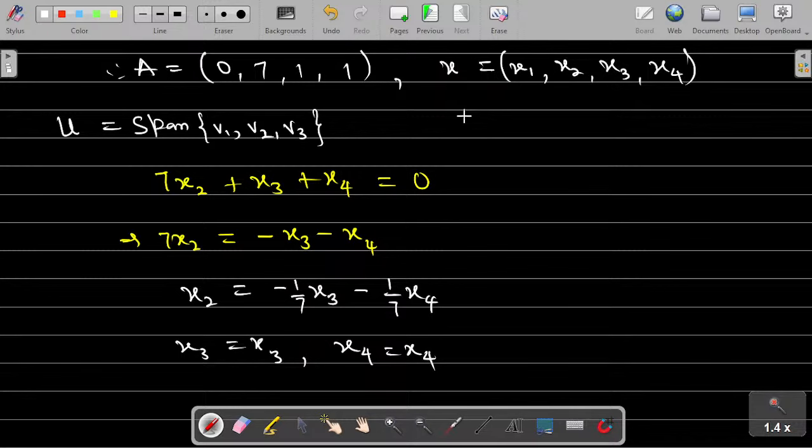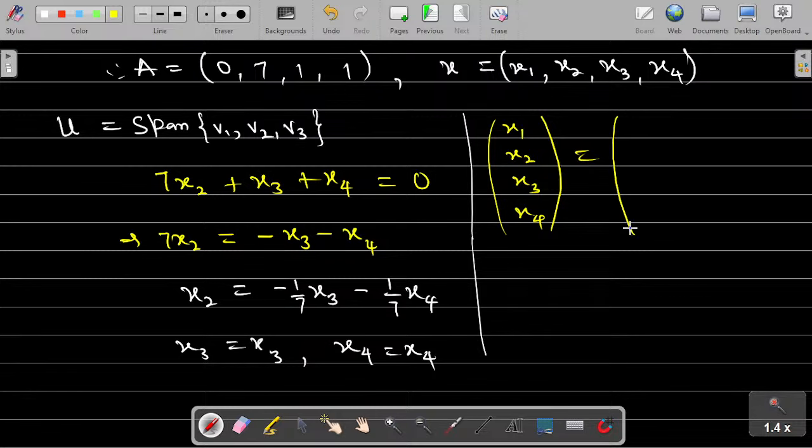Okay, so watch what is going to happen there. Your solution set is going to be something of this nature: x1, x2, x3, x4 is equal to... Meanwhile, understand that I can also fix my x1, since it's also a free variable.